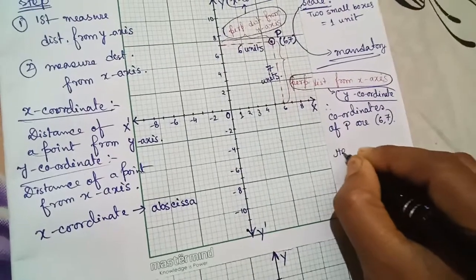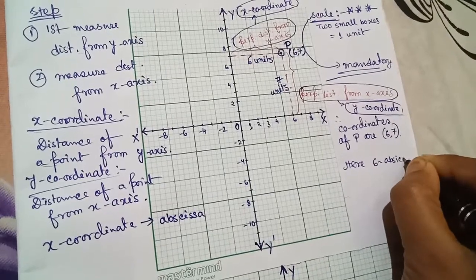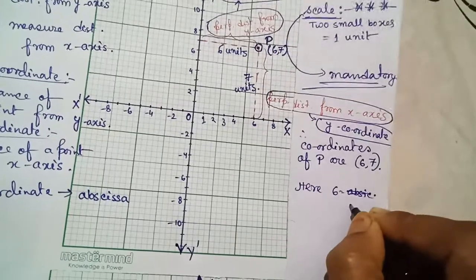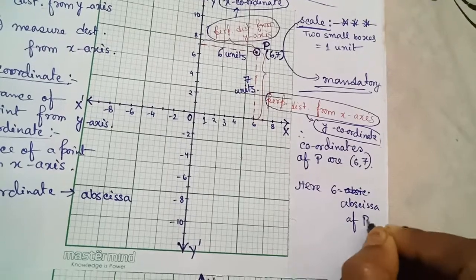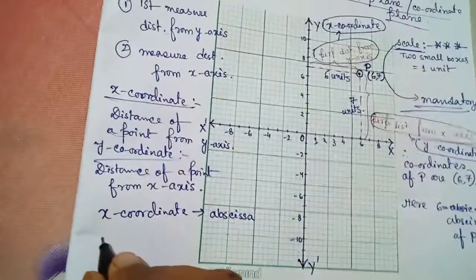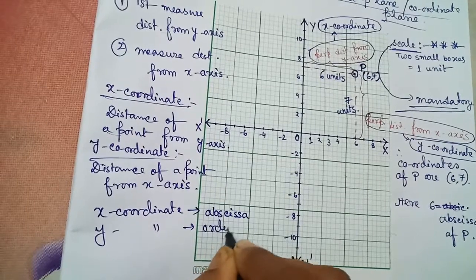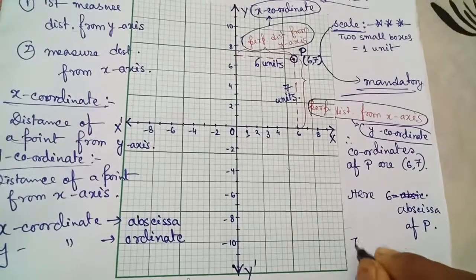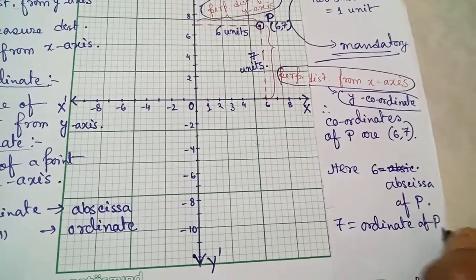So here 6 equals the abscissa of capital P. Similarly, the y coordinate's name is ordinate. So 7 equals the ordinate of capital P.